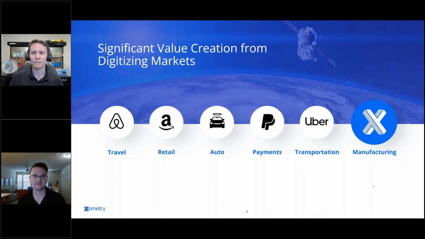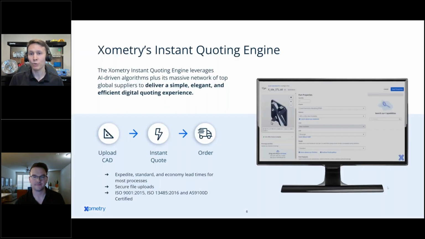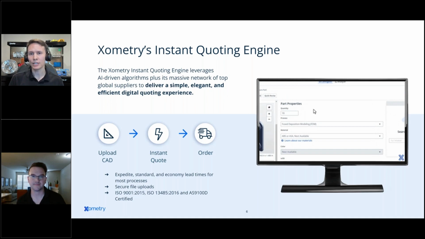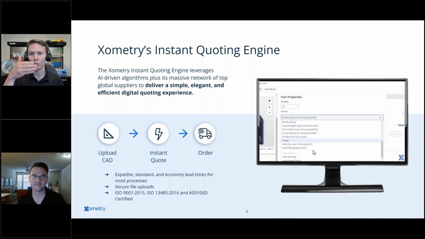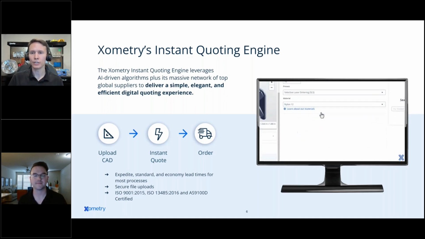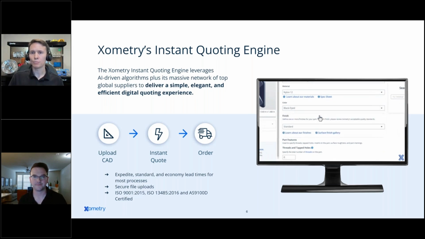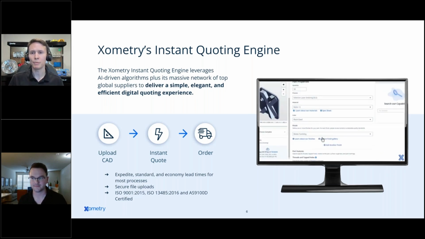What it gives you as a customer is a single place to go. There's an app for that essentially, where you can upload, click, drag, and place an order. We call that our instant quoting engine. Then we manage the supply chain, whether connecting that work with the right suppliers, assuring quality along the way. And it's not just prototype work. This could go up through spec production.